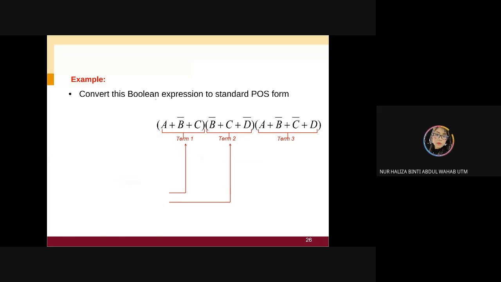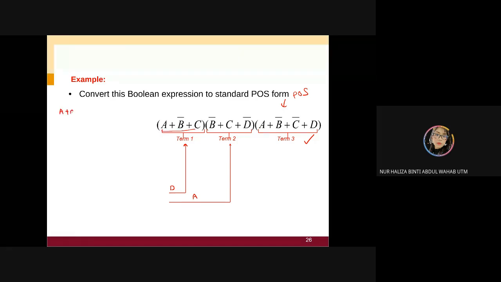You were given this POS. For term 1, what are you missing? You're missing the D. For term 2, you're missing what? A. For term 3, it is standard. Now, how to do this term?